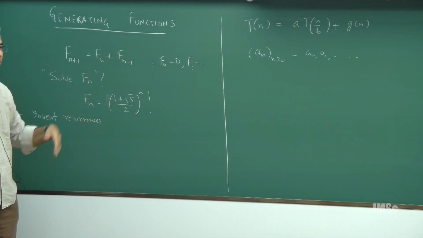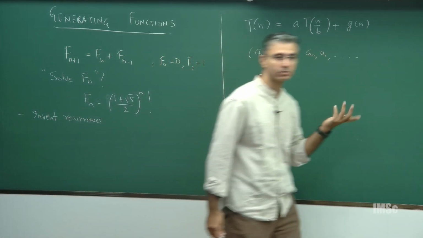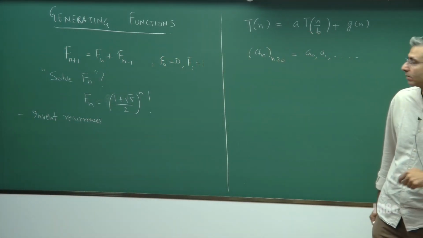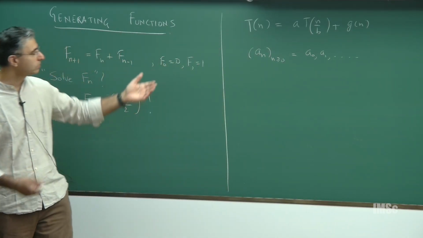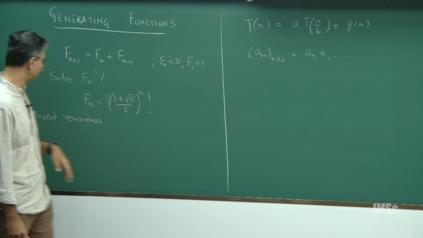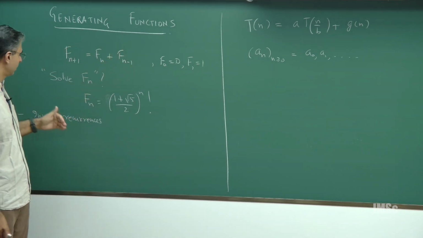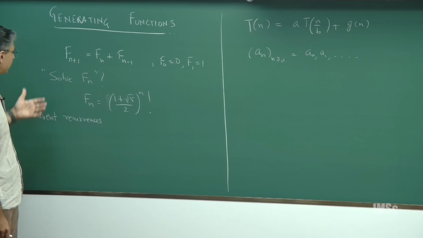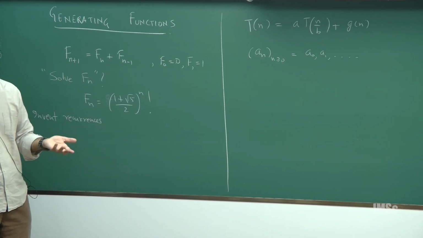You may have other sequences, the sequence of prime numbers, for example. So, we want to study properties of such a sequence, and generating functions is one way of studying that. And an application that we will see is you can solve a recurrence, and you can invent new recurrences.